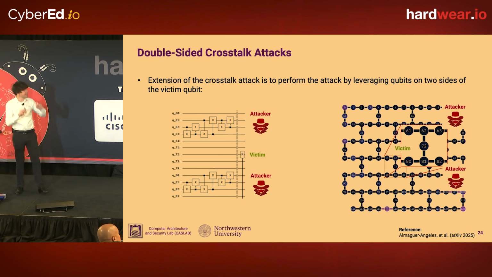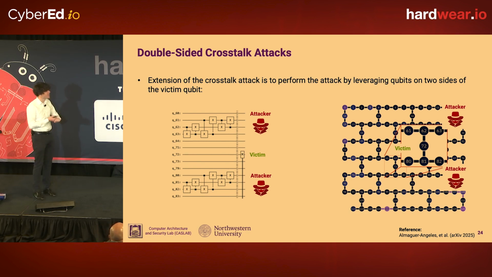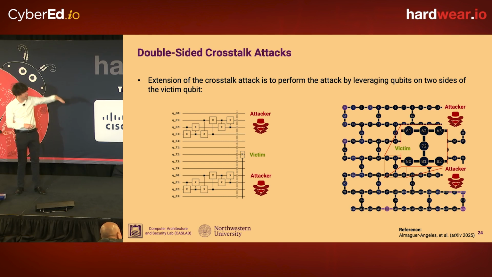proposed a two-sided attack. If anybody's familiar with Rowhammer attacks, this is not unlike a Rowhammer attack, where you have a victim qubit and attacker qubits on two sides, and by actuating the attacker qubits on both sides of the victim, they're able to flip the state of the victim qubit.